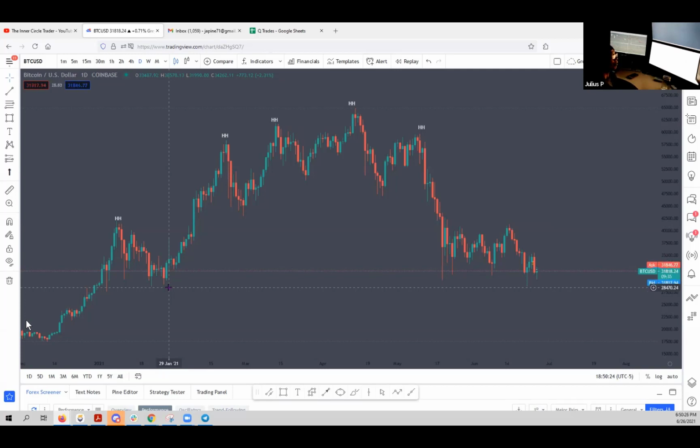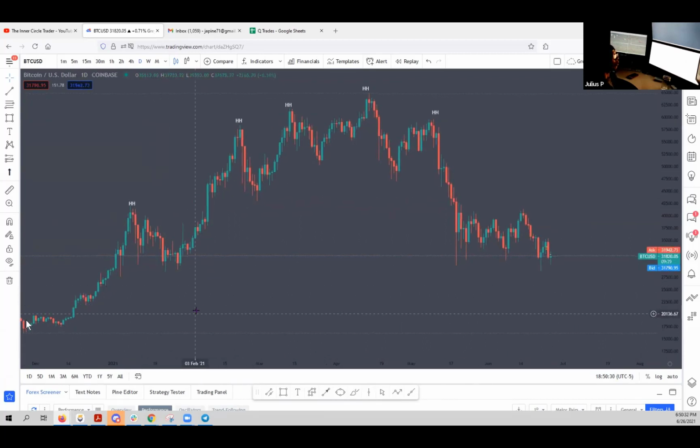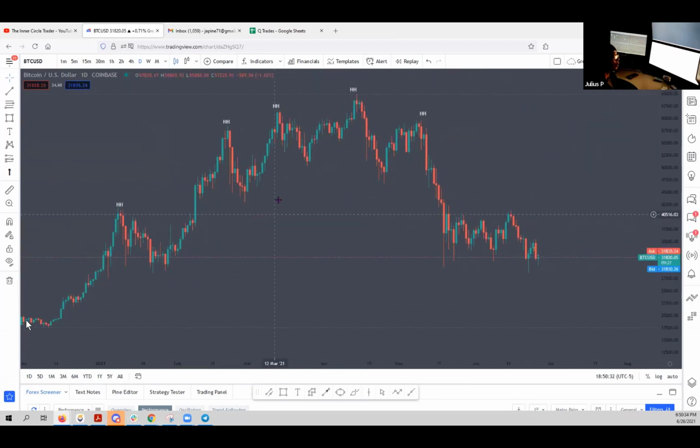That's an inefficient market. So in the idea of what creates an efficient market, for every buyer, you're looking for sellers, right? And in order to create an efficient market in trading, for every buyer, we are looking for sellers. So in situations like this, let me show you.